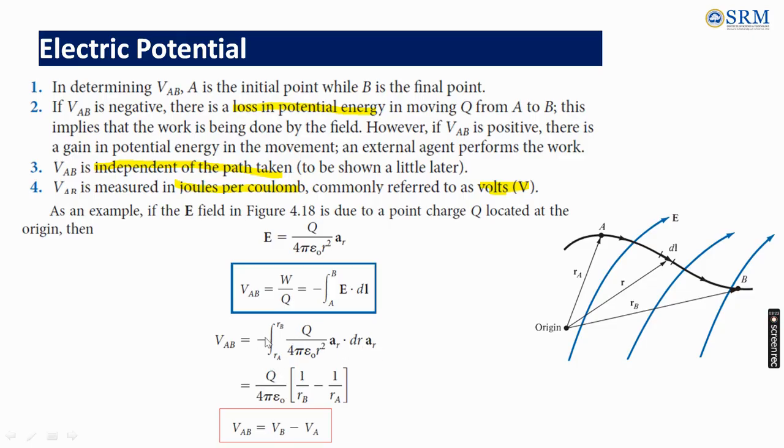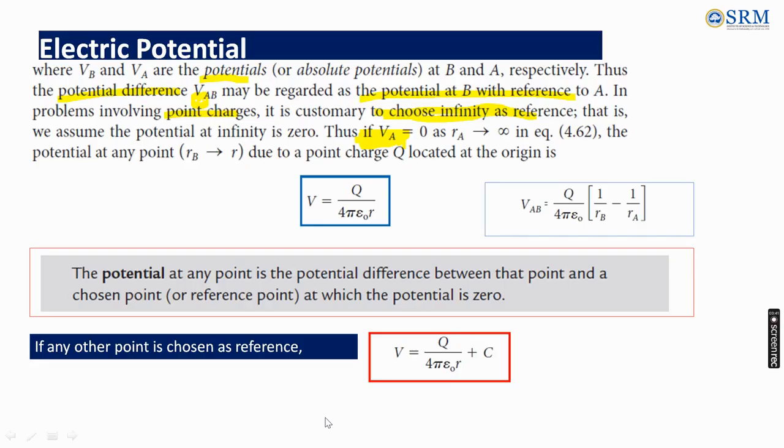If I take the integral, the constant will be Q by 4 pi epsilon naught. Integral of minus 1 by R square is going to be 1 by R. Applying the limits, it is 1 by RB minus 1 by RA. That is just VB minus VA. VAB is VB minus VA, so these are the potentials at points B and A.